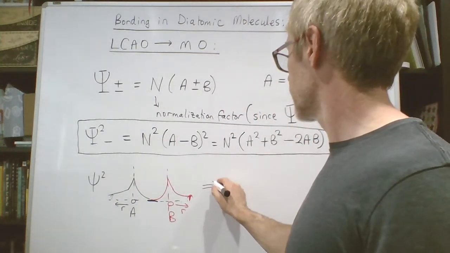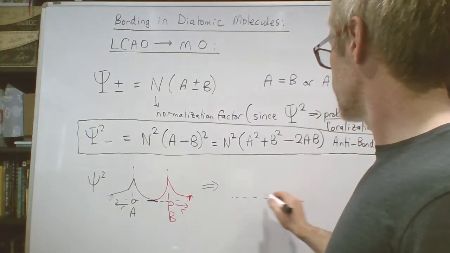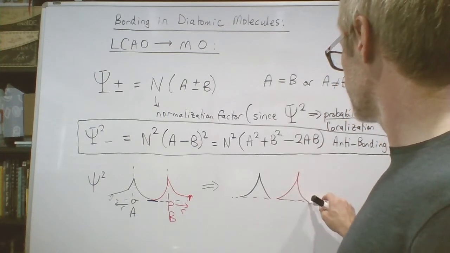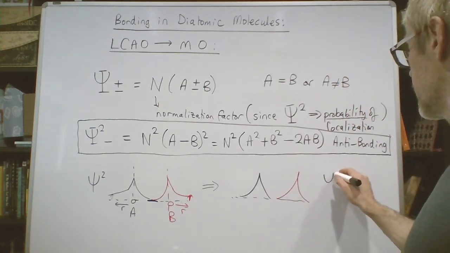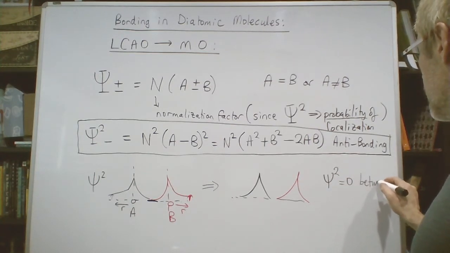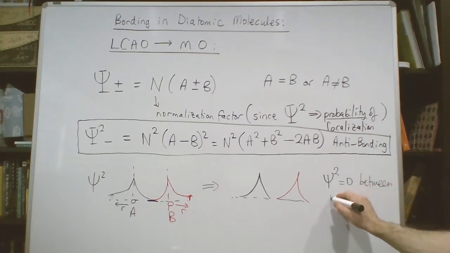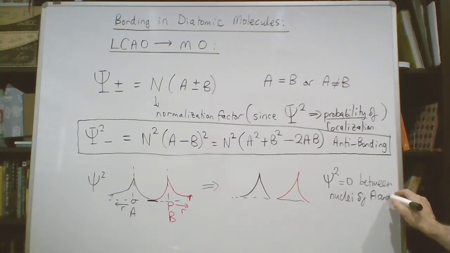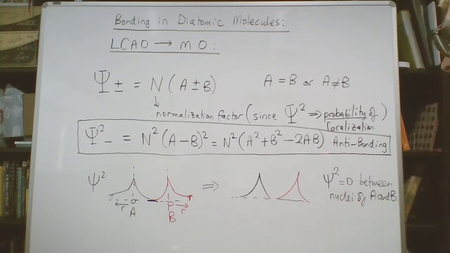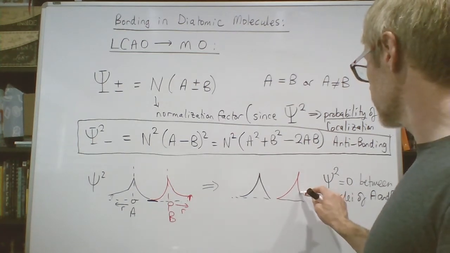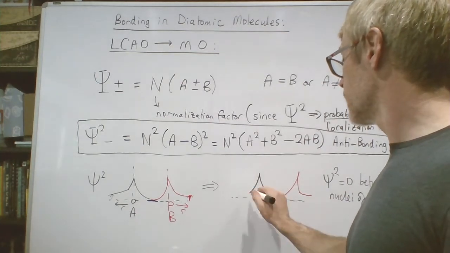So this would imply that there's absolutely no, so psi squared is exactly 0 between the nuclei of A and B. So there's no probability of finding electron density. And in fact, again, I should have rigged that to make it look a bit higher here and a bit higher here.